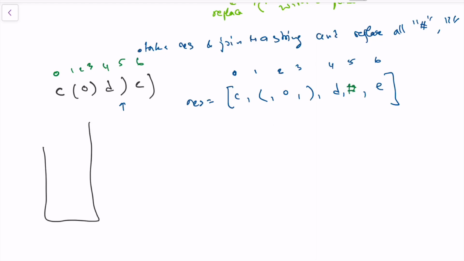right? And now we move again, character, we don't do anything. And now we move here. Now also the stack is empty, so we do the same thing. So let me just add this to the result, because it would be in it. So we do the same thing, replace the element at that position with the placeholder.